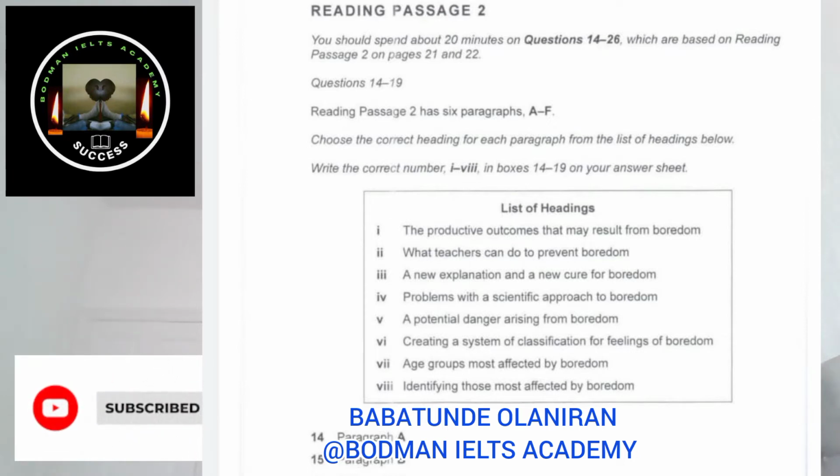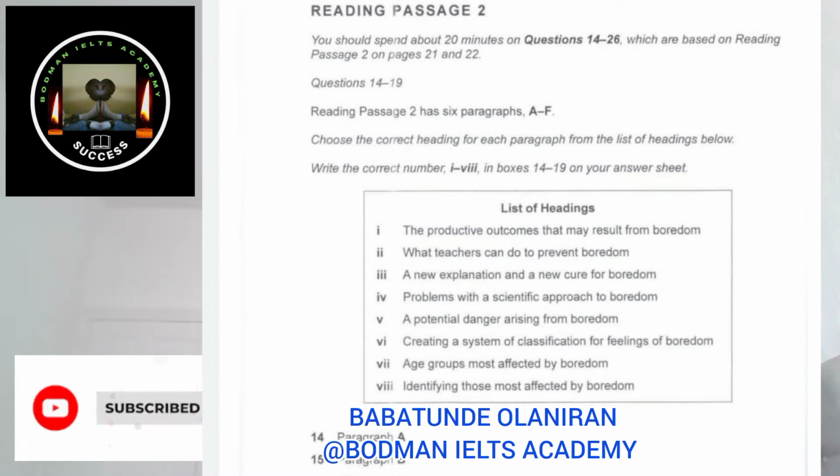So continue. Problem with a scientific approach to boredom. They didn't talk about a problem with a scientific approach to boredom in that part. They didn't even talk about a scientific approach at all. The only thing related to science is that they were just asking people. They didn't study anything in the lab.